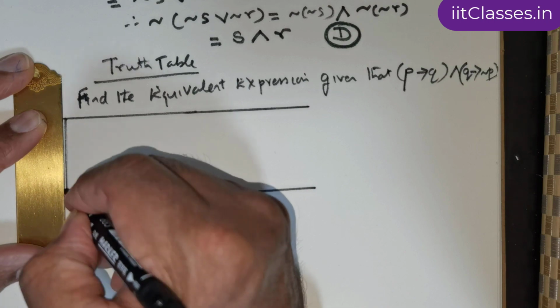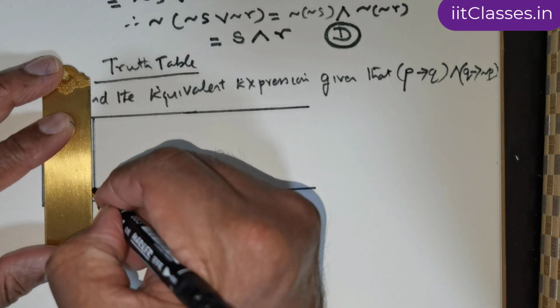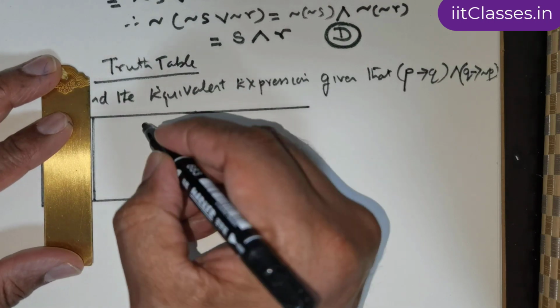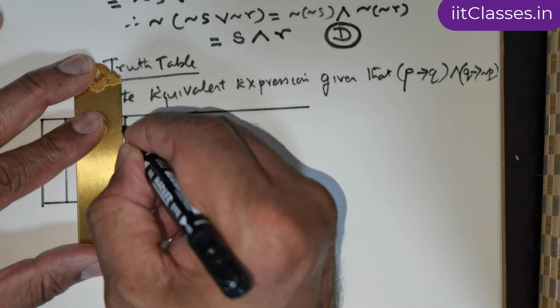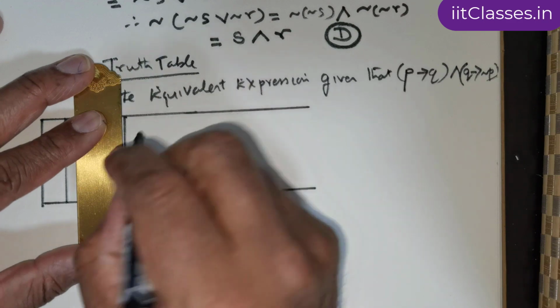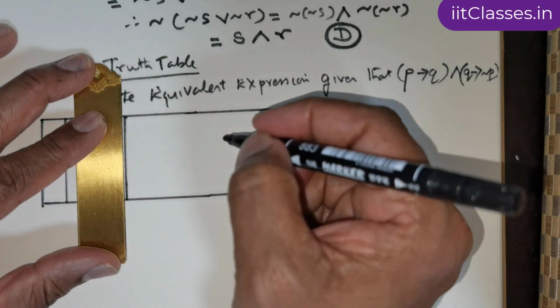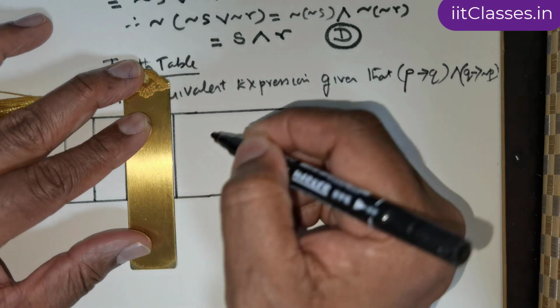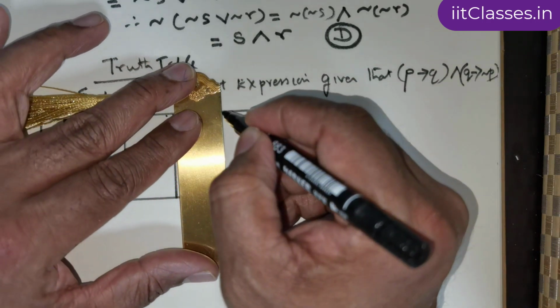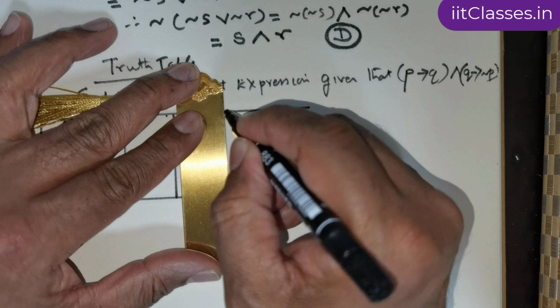So I need to have a P value, a Q value, then the negation for P, and I need to have a P conditional Q, and then Q conditional negation.